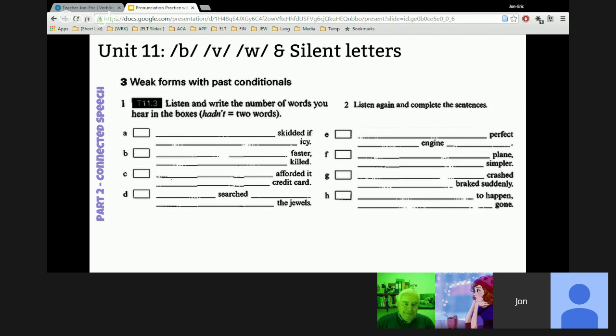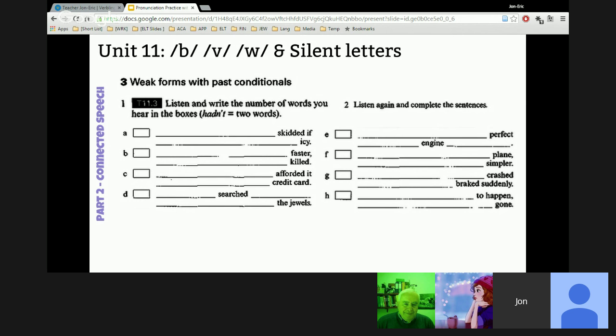Okay. And I'll write down in the chat window for you to take a second look. We couldn't have afforded it if he hadn't taken his credit card. Okay, so this is exactly what you repeated in the chat window. If he hadn't taken.